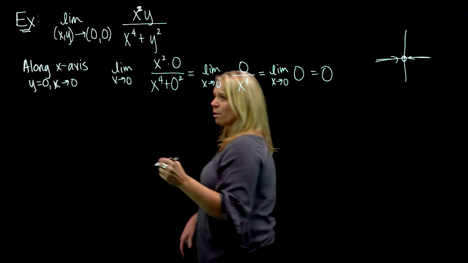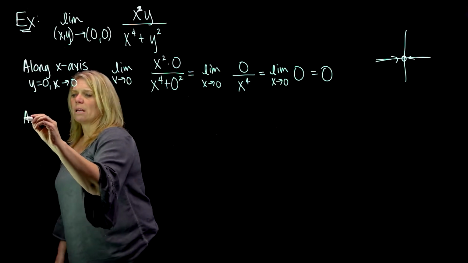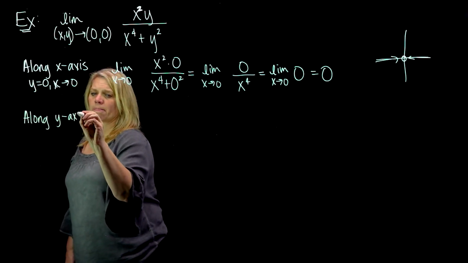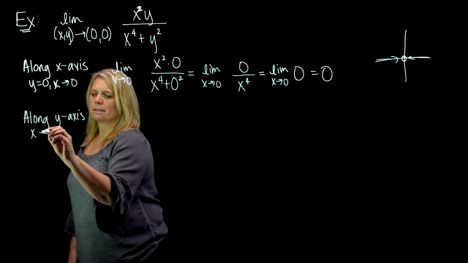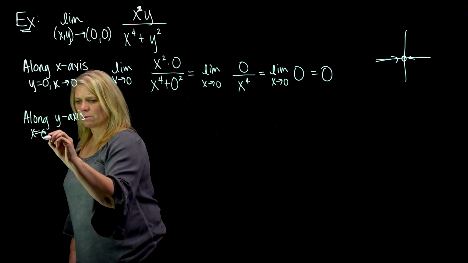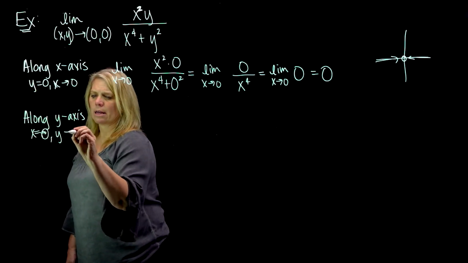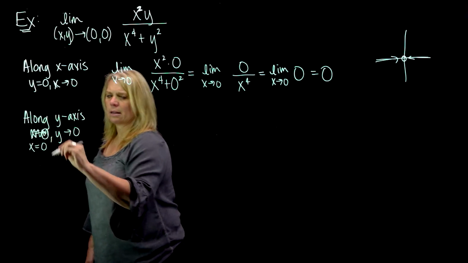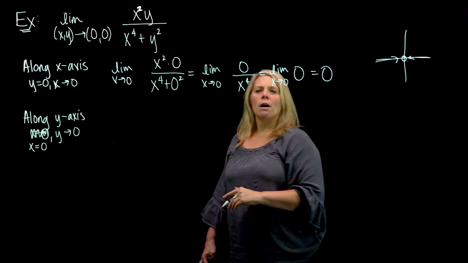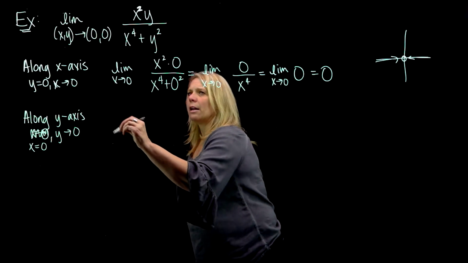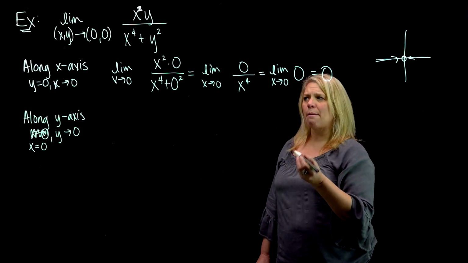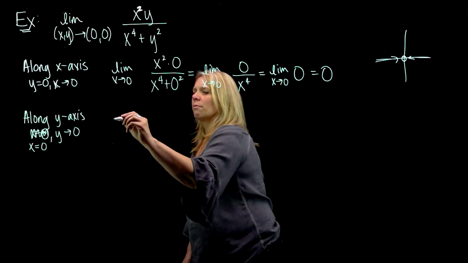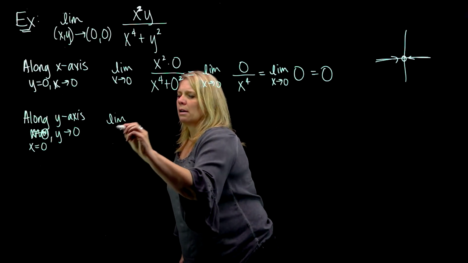Another path of approach to consider might be along the y-axis, where x is equal to 0 and y is approaching 0. Sorry, that got a little messy. You might be able to see what's going to happen here.